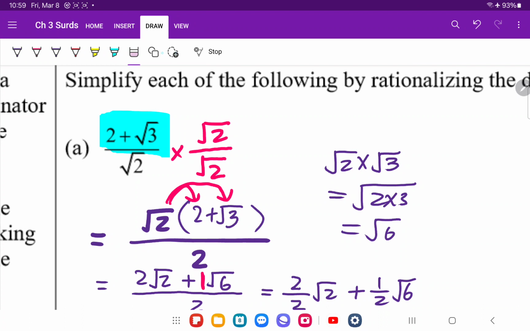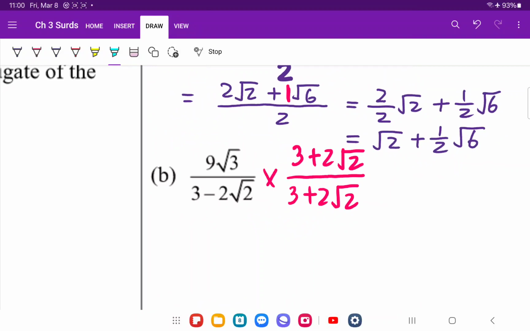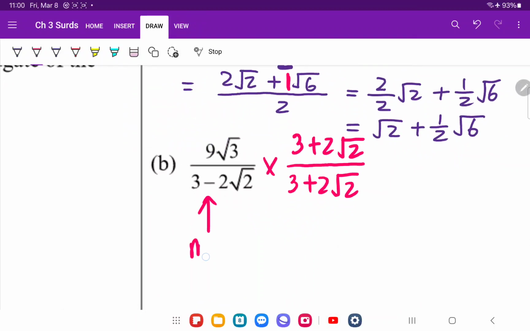If it's a root 2, then you choose another root 2, that's all. But the moment you see the next question when there is a minus involved, now this is the one that you must choose conjugate surds. Conjugate surds means when there is a minus here, you jolly well choose a plus on the other side. That's it.